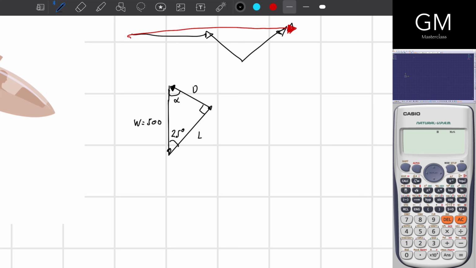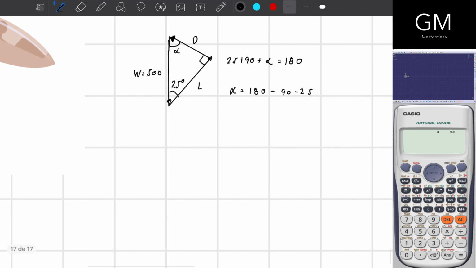So 25 plus 90 plus alpha equals 180. That means that alpha is equal to 180 minus 90 minus 25. Okay, 90 minus 25 is equal to 65. So that means that alpha equals 65 degrees.